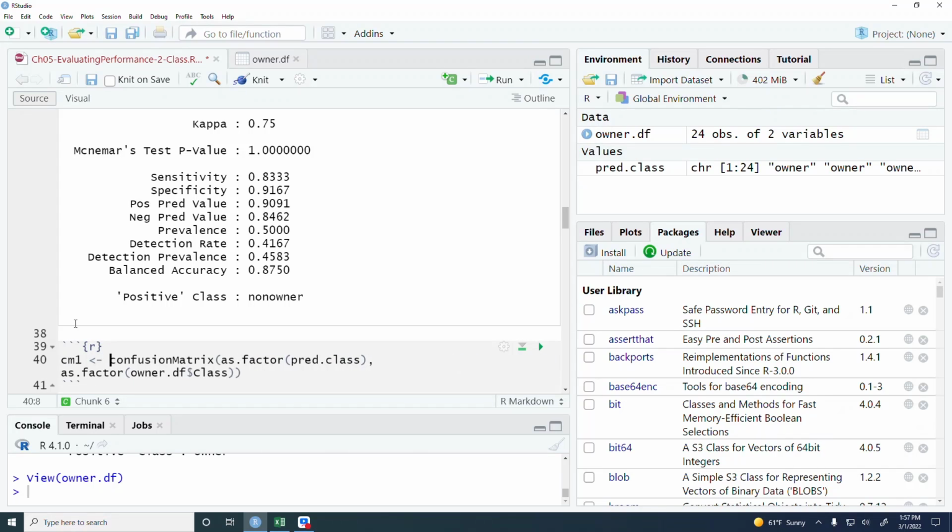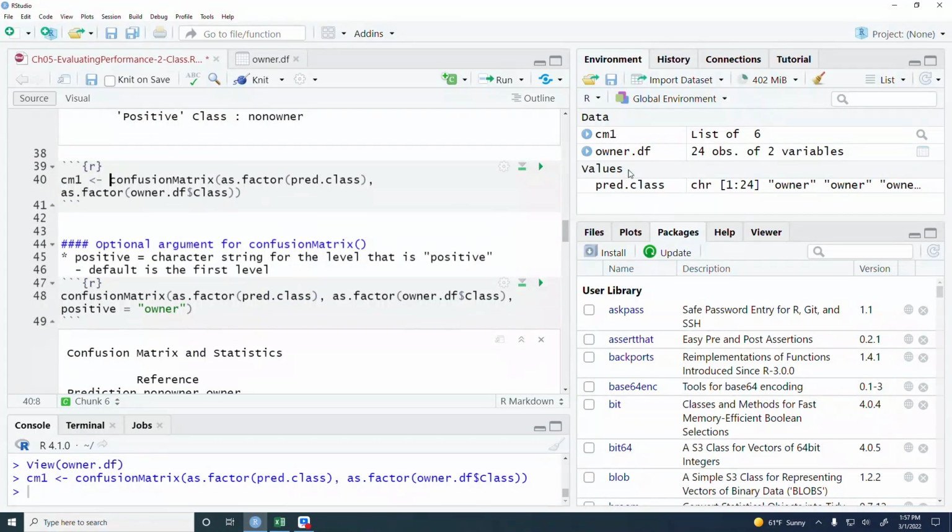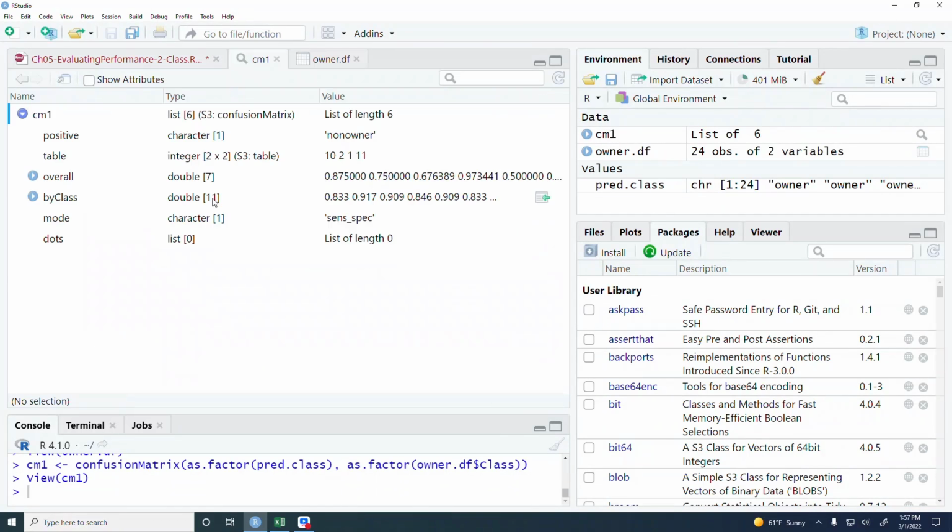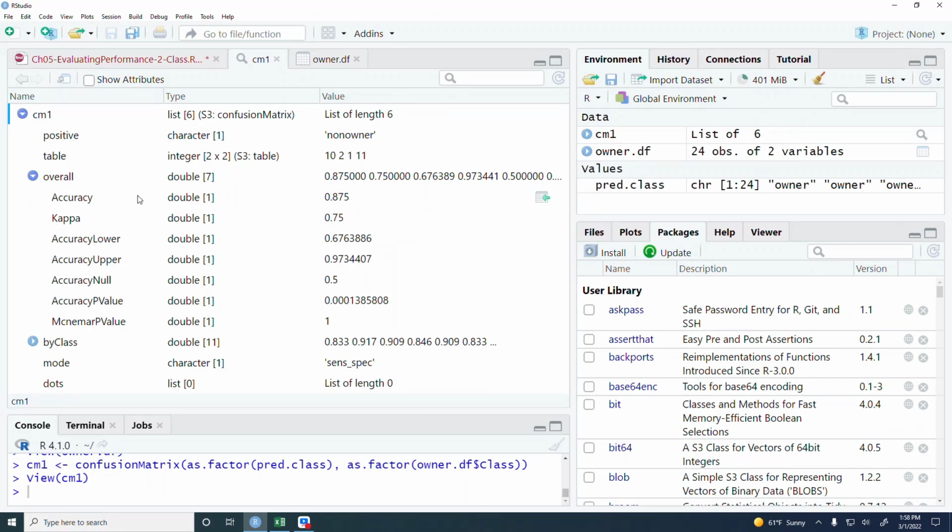Okay, CM for confusion matrix. Okay, so now in CM1, if you see, it says what the positive measure is. The table here gives you the confusion matrix, and overall you have all the different measures.